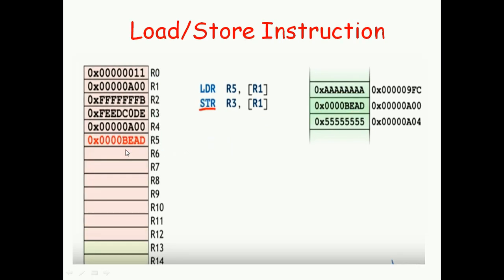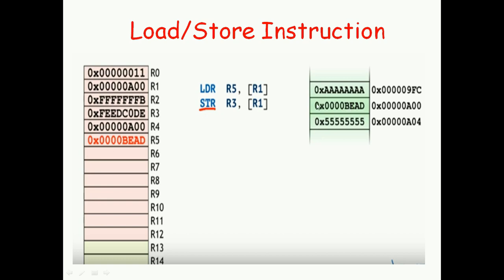After this we'll see the store instruction. The store instruction is exactly the opposite of the load instruction. What does the store instruction do? Here the content of R3 is stored into the address of R1. Although you know the address of R1, going to memory, we have some data at that address. So what is store doing? It is storing the R3 content. Referring to the register bank, this is the R3 content. So where will this value be moved?